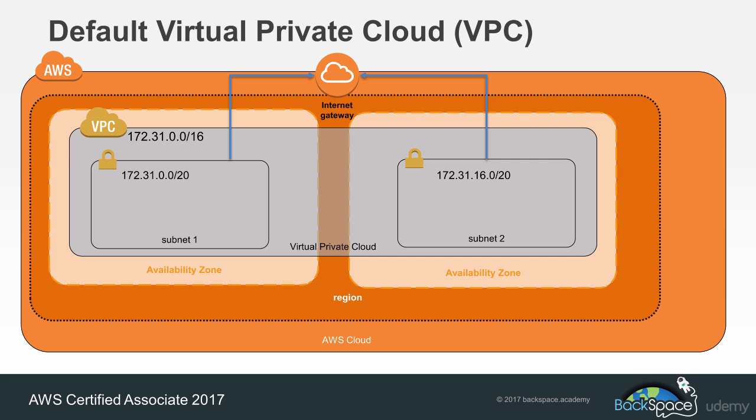And there is also a route from the public subnets through to the internet gateway. So that means that we already have a route set up for connecting through to the wider internet. So if we launch instances within the public subnets, they will automatically have a route through to the internet. And they will have internet access provided they have a public IP address as well.